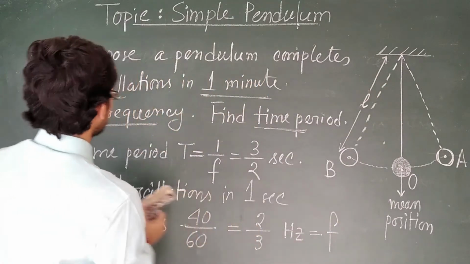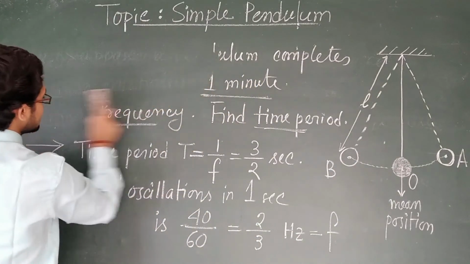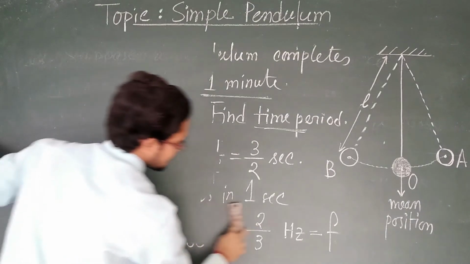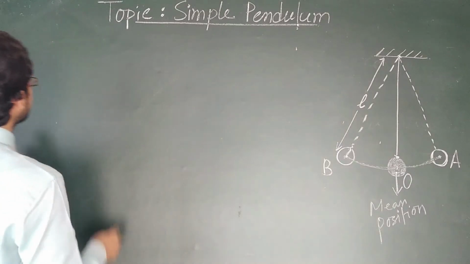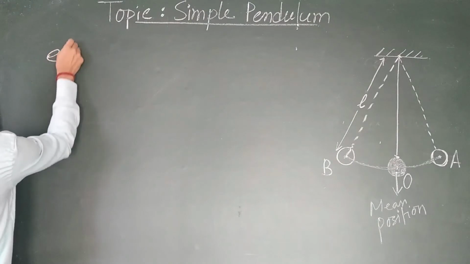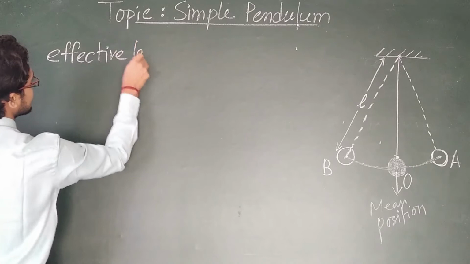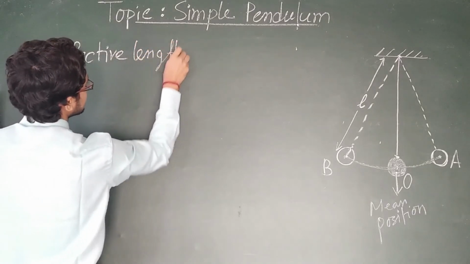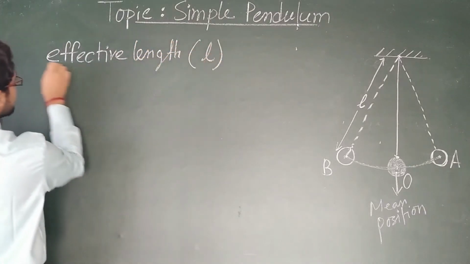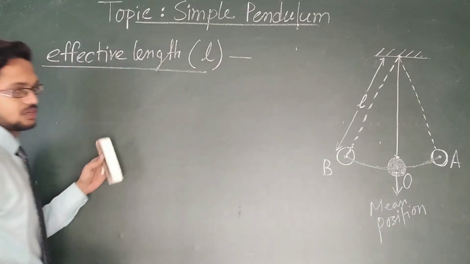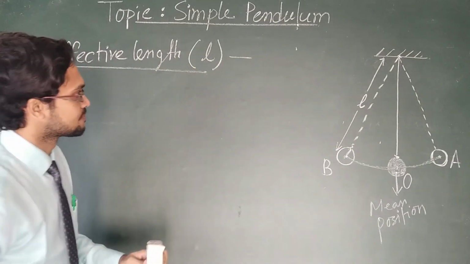Before doing this, I am telling about this length. What will be the effective length? Effective length is denoted by small a. How will you measure this effective length?